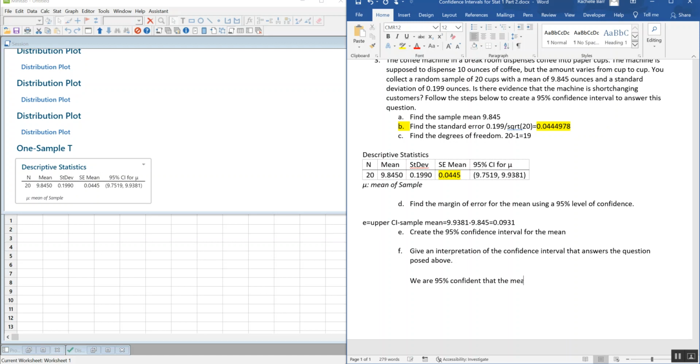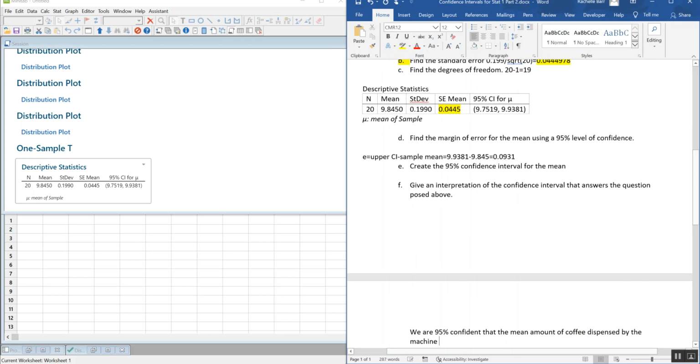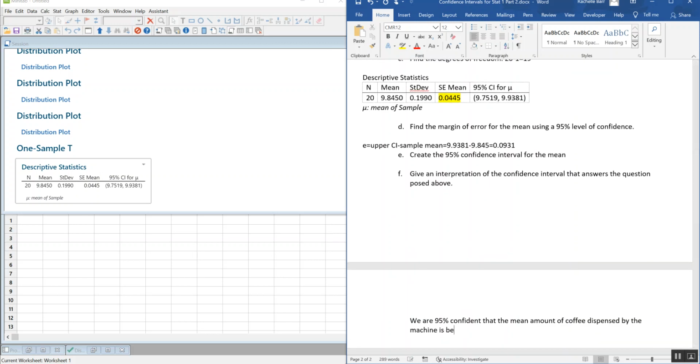That the mean volume amount of coffee dispensed by the machine is between 9.7519 and 9.9381 ounces.